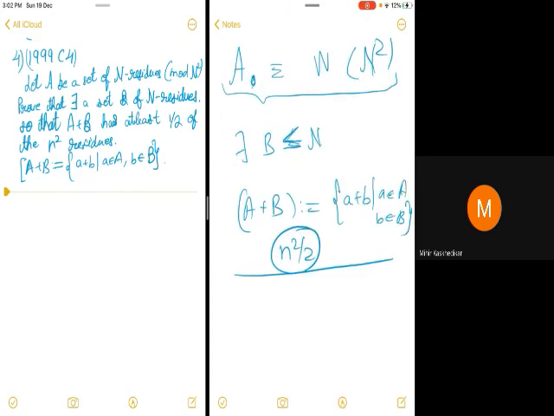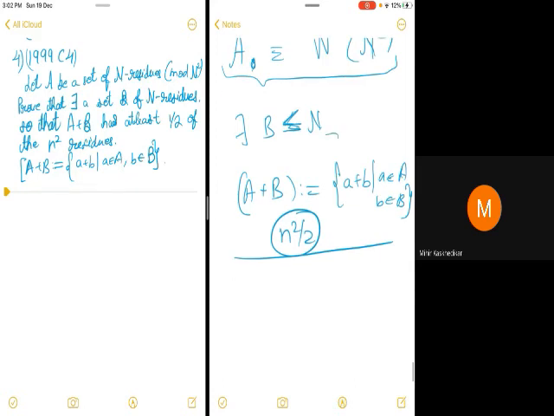Yes, it is. So for convenience, we also allow B to have repeated elements, so that we can make B have exactly n elements, including repetition. Do you get what I mean by this?